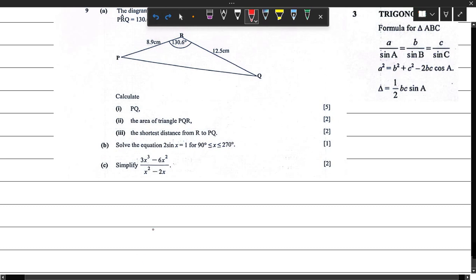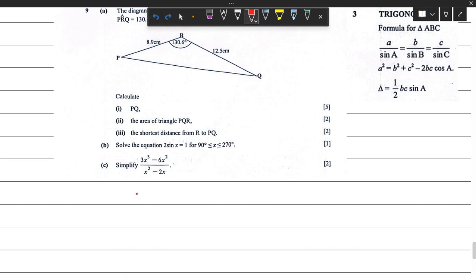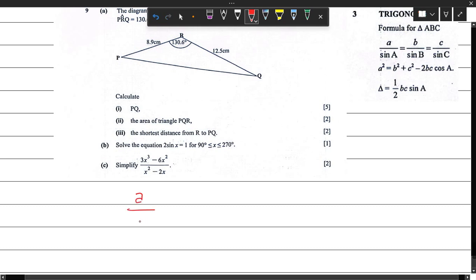For a sine rule, you have a, a distance, and you divide it by the angle corresponding to that same distance. You equate it to b, divided by the angle at that same position B. Don't worry about what is C, what is B, it's very easy. And then divided by C.